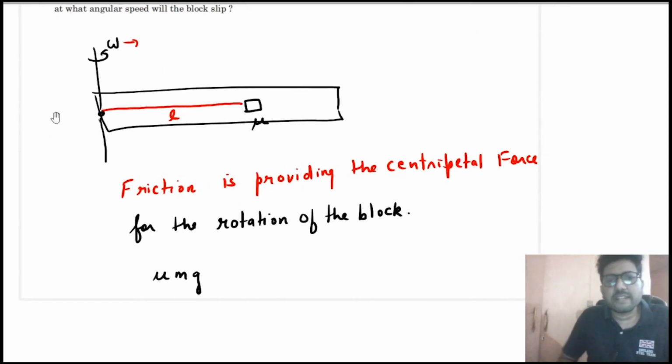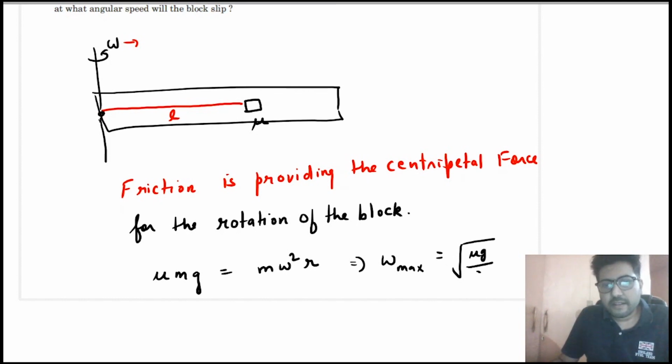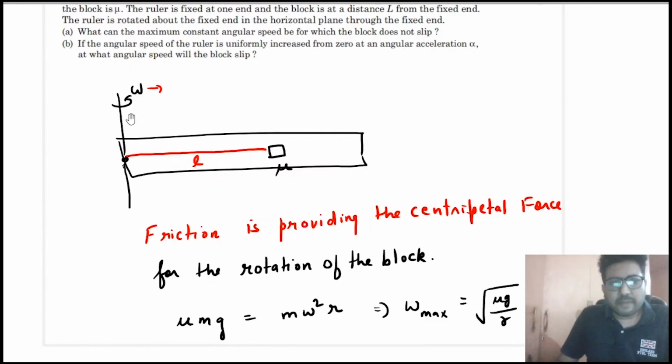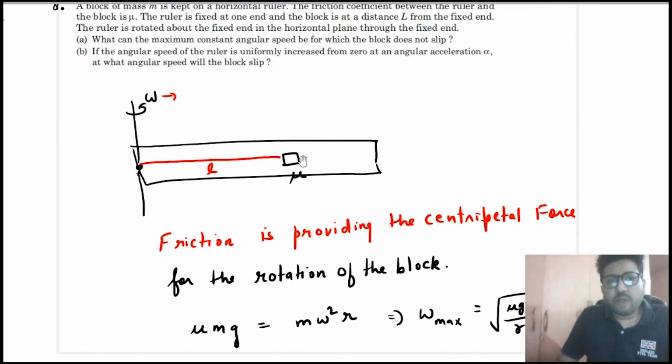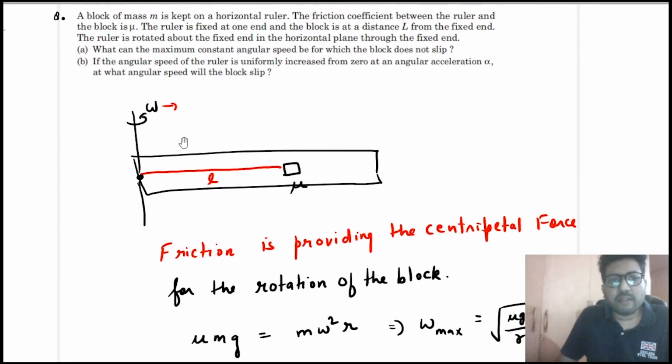You know that friction has a limit. Friction cannot be greater than mu N, where N is equal to m g in this case. So the maximum omega that this block can have is given by mu m g is equal to m omega max square r. So from this you will get the value of omega max as root over mu g by r. This is the maximum value with which the table can rotate, so that this block rotates along with the table with the same angular velocity. That is, there is no slipping between the block and the table.